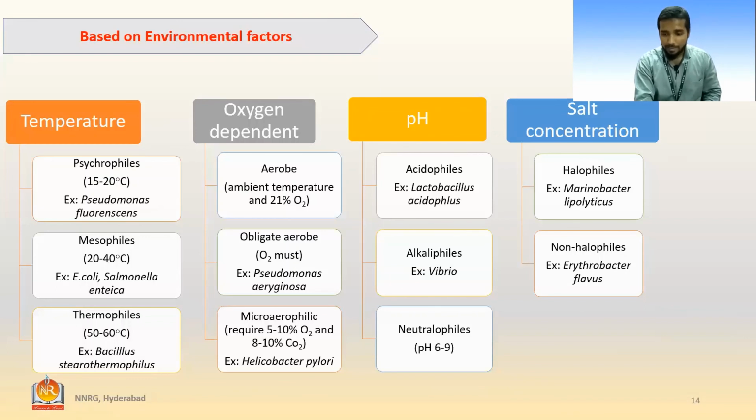Examples are Marinobacter lipolyticus. Marinobacter, by the term itself you can understand marine. Marine water is very salty. The bacteria that grow in marine water can be called halophiles. Whereas non-halophiles are Enterobacter flavus. Non-halophiles are those which don't survive in presence of salt, right?